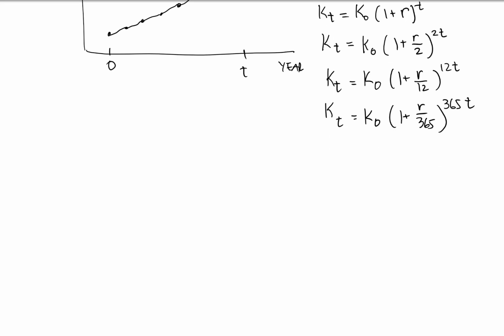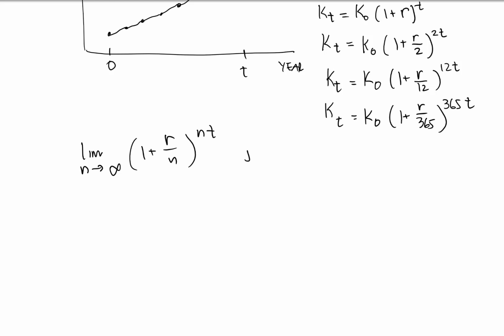And if we do that, what we'd be calculating would be what's called the instantaneous growth rate, r. So now what we're asking is, what is the limit as n goes to infinity of 1 plus r over n, to the nt?